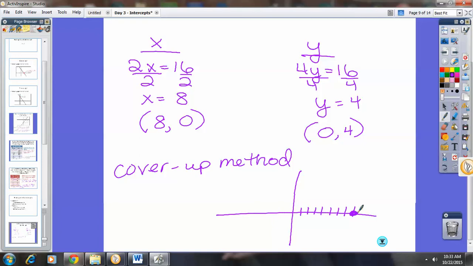The y-intercept is 4, so I'm going to go up to 4 and put it there. Now take your ruler and draw the line that goes through those 2 points. Finding intercepts is a really quick and easy way to get a sketch of a graph. We'll talk about some other more detailed ways to graph it. This is just one that is typically pretty easy to find.